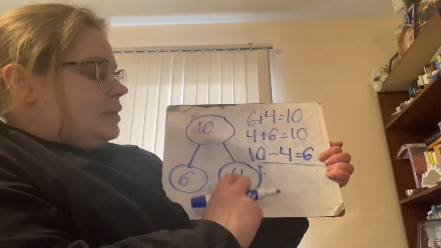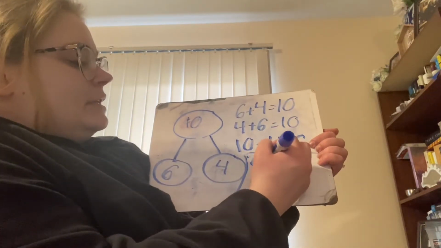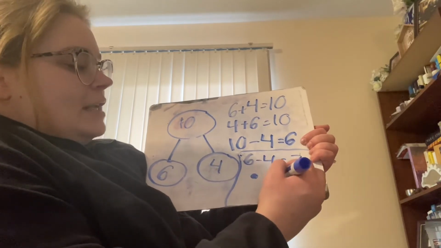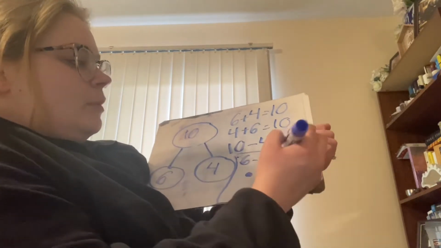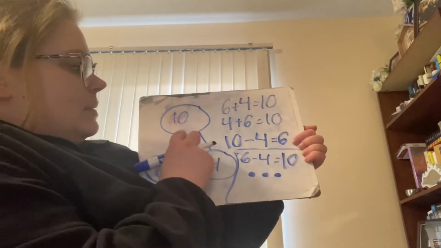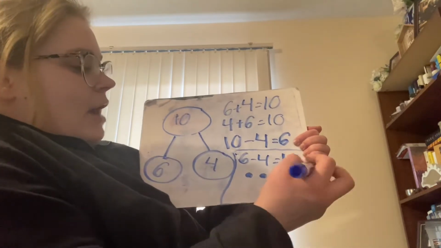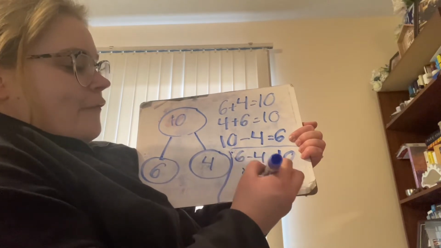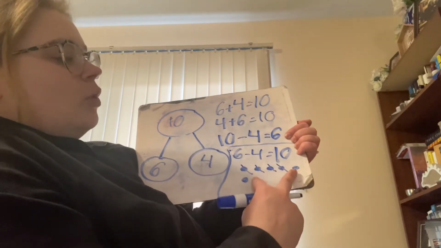Again, remember we can only use these three numbers. So if I try to do 6 minus 4 equals 10, because we can only use these three, whenever I check it and I take away 4, I'm left with only 2.